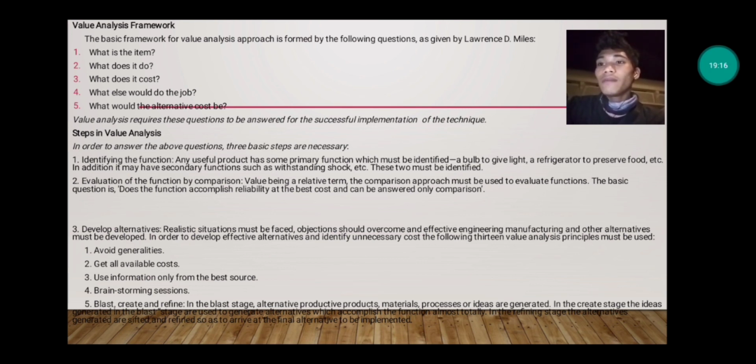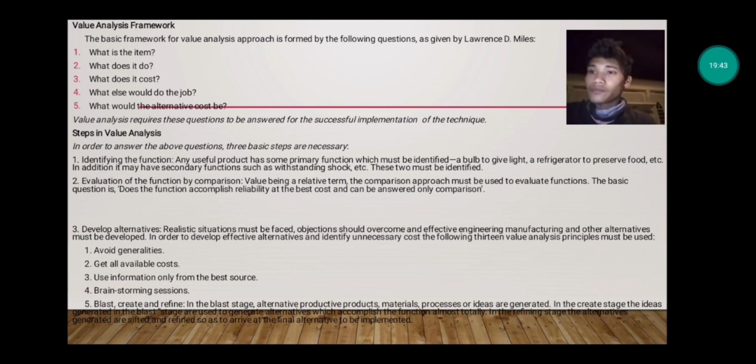Second, evaluation of the function and comparison. Value being a relative term, a comparison approach must be used to evaluate functions. The basic question is, does the function accomplish reliability at the best cost? This can be answered only by comparison.